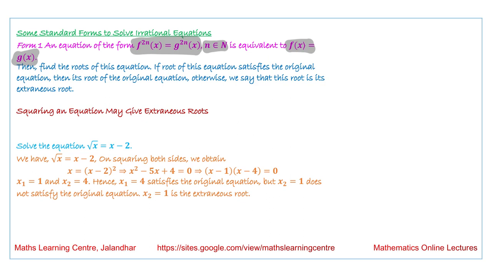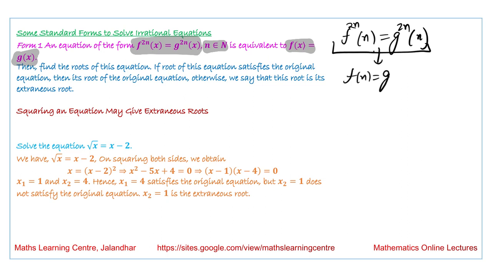But it is important to note that if we are given the system f raised to the power 2n of x equal to g raised to the power 2n of x, to solve this system, we are going to solve the system f(x) is equal to g(x).